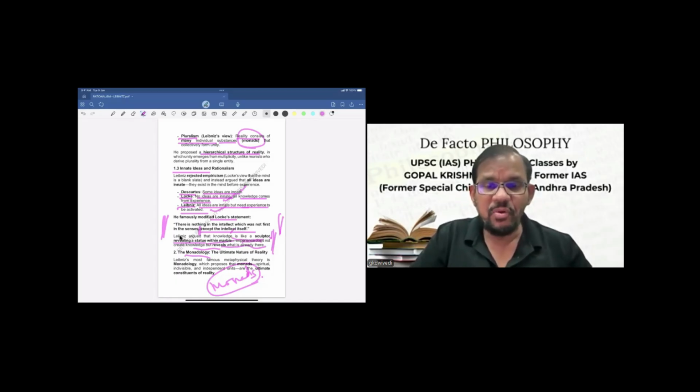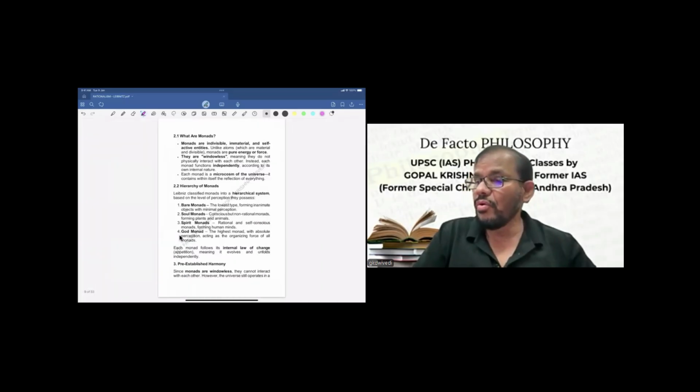Now, what are monads? Monads are spiritual, indivisible, and independent units. They are individual, indivisible, immaterial, and self-active entities, unlike atoms.